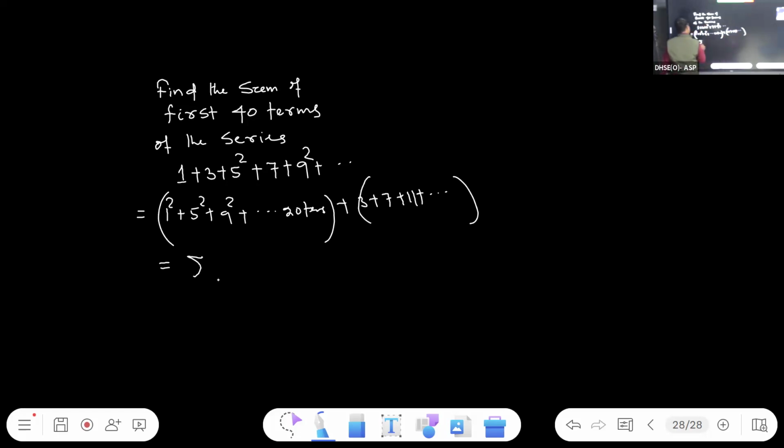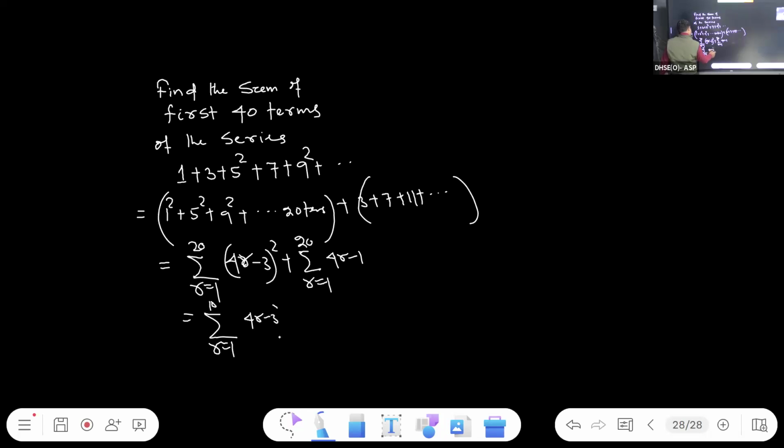This is equal to sigma r equal to 1 to 20 of (4r minus 3) whole square plus sigma r equal to 1 to 20 of (4r minus 1).